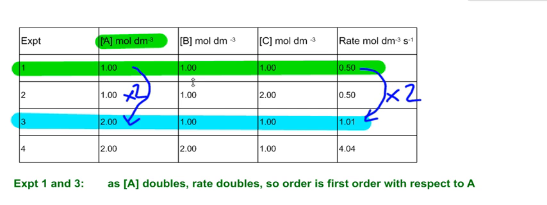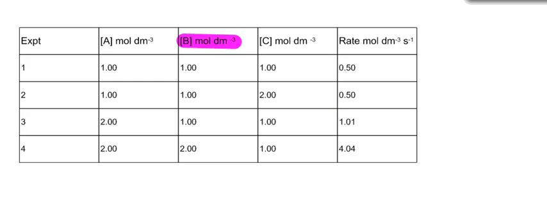Let's have a look now at the concentration of B. Looking at B, we've got to find where B is doubled. So we're going to be using experiment 4 because B is doubled. But then we've got to find the other experiment where A and C remain the same.